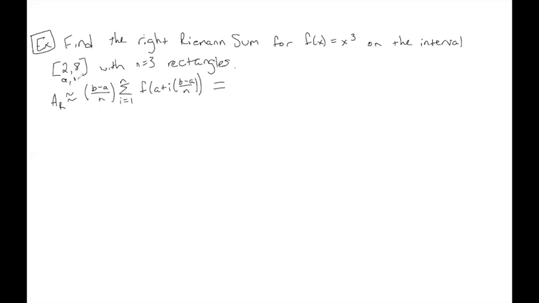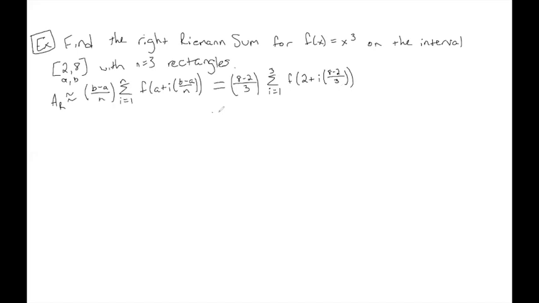A is 2 and b is 8. So I have 8 minus 2 over 3 times the sum I equals 1, n equals 3. So I have 3 as my stopping point. F of 2 plus I times 8 minus 2 over 3.